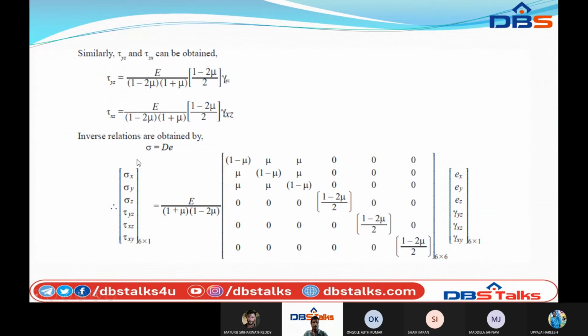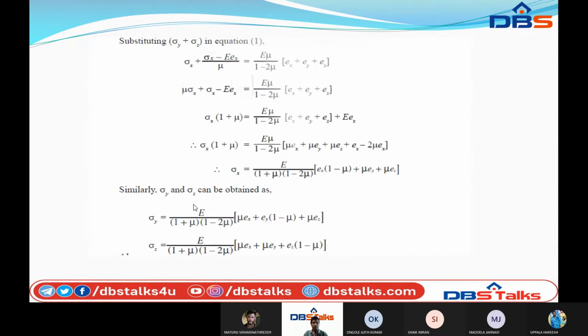After all cancellations and simplifications, we get the left side, LHS, equal to stresses. That means 3 normal stresses and 3 shear stresses. In the RHS, we get 3 normal engineering strains and 3 shear strains. In that, we get E by 1 plus mu into 1 minus 2 mu, 1 minus mu, triple zeros. This is the equation we get from the sigma x equation.